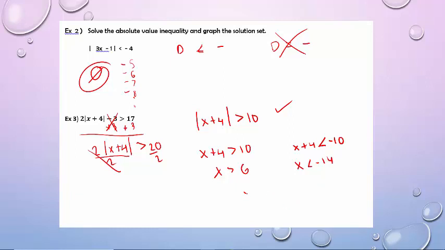And now we're going to graph negative 14 and positive 6. This is not inclusive, so open circles. Greater than 6 would be to the right. Less than negative 14 would be to the left. So all I have to do is put the word or in my answer and I'm done.